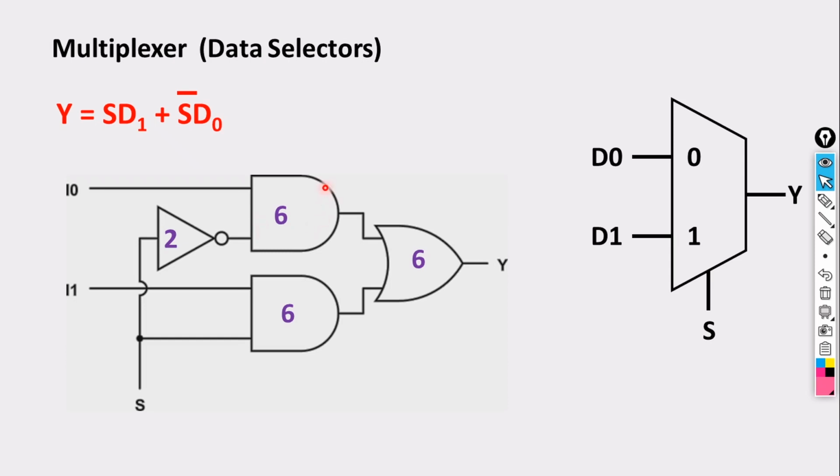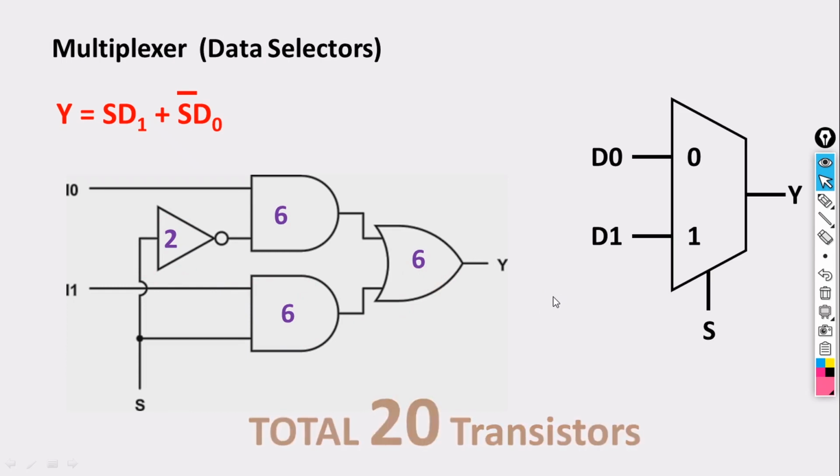Since it is an AND gate, I need to add one more inverter to the NAND gate, so 4 plus 2 is 6. So this gate requires 6, this is 2, this is 2, and this is 6. The total number of transistors for only a 2:1 mux is going to be 20 transistors.